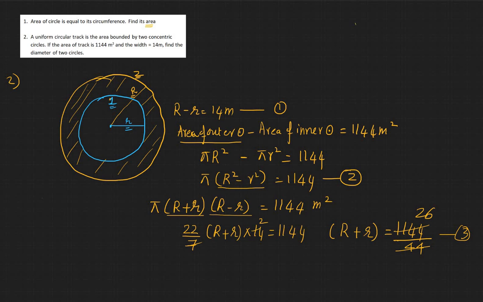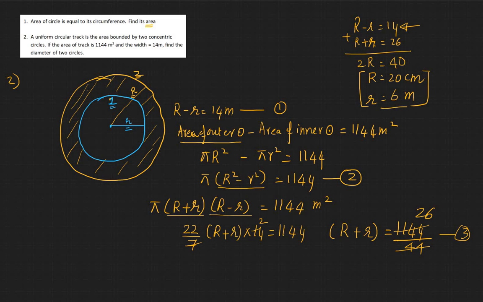You have one equation which says R minus r is 14, and the second one which says R plus r equals 26. You can add them up and say 2R would be 40, or R is 20 centimeters, and small r is 6 centimeters. You can substitute in this, big R is 20, and then you get small r is 6 centimeters.